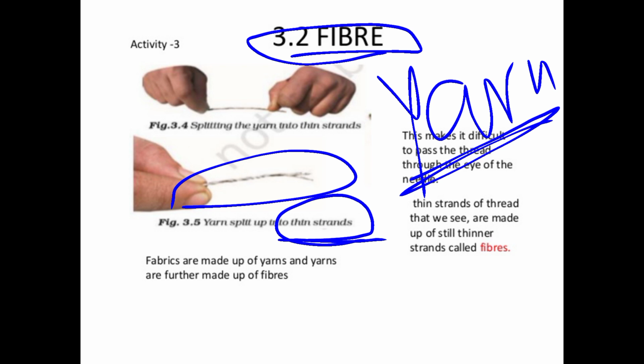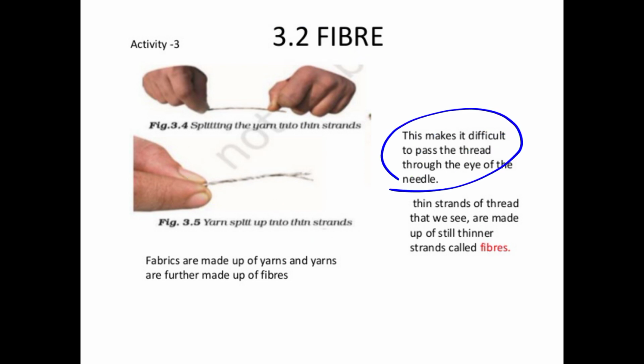So that fabric is made up of yarns, and further these yarns are made up of thin strands, which are known as fibers. These thin strands of threads are nothing but fibers.